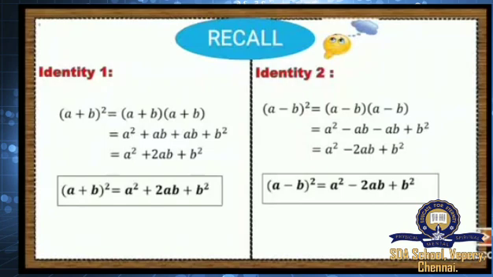Similarly, first term in the first bracket with the second term in the second bracket. Next, second term in the first bracket with the first term in the second bracket. Similarly, second term in the first bracket with the second term in the second bracket.